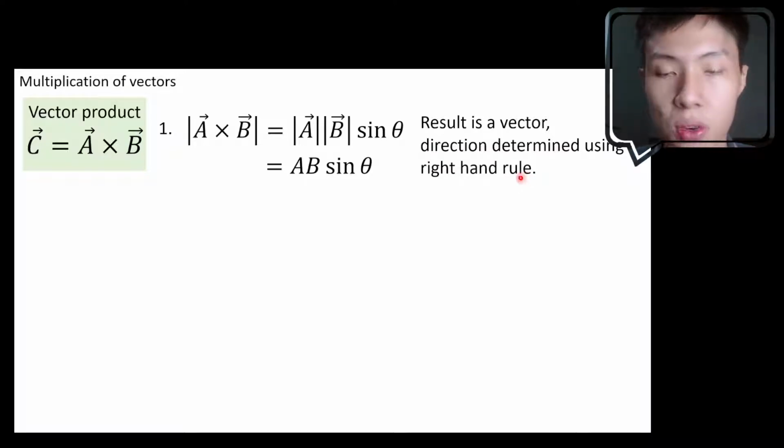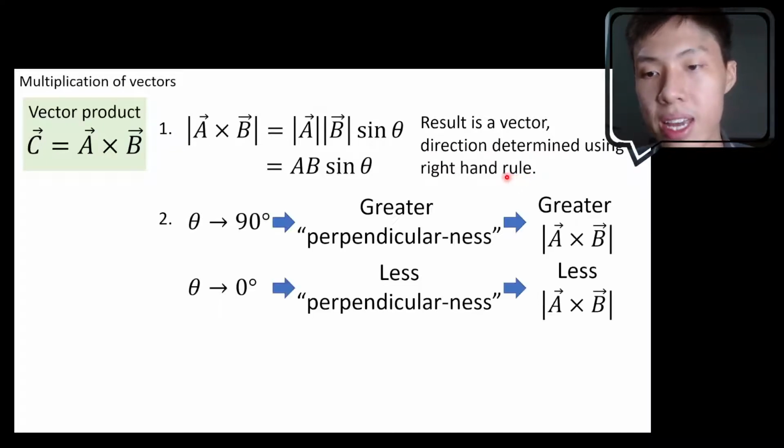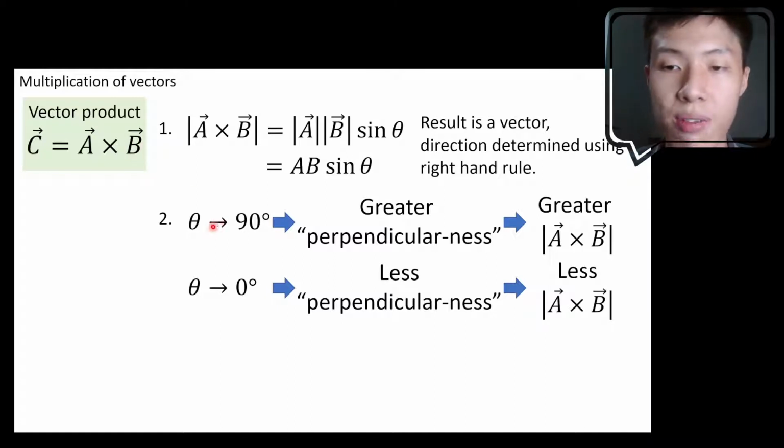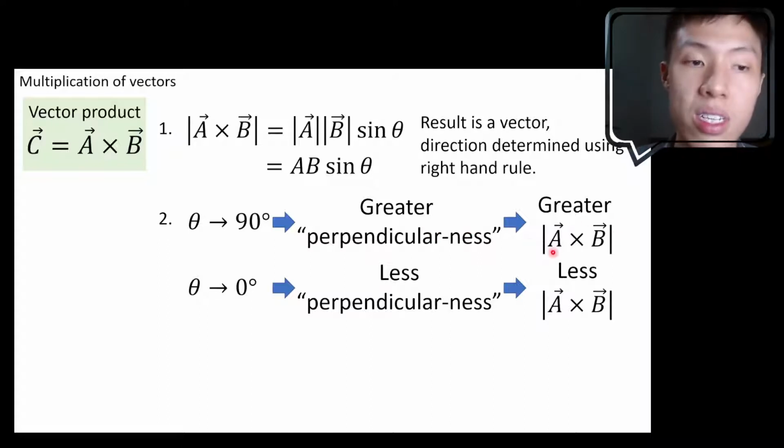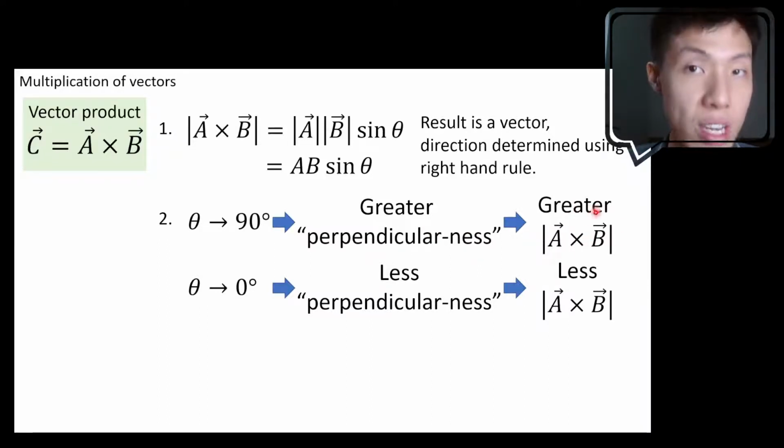The second thing that we learned is that if the angle between vector A and vector B, or any two vectors inside the vector product, is approaching 90 degrees, then the perpendicularness will be greater, and the result of your vector product will be greater.